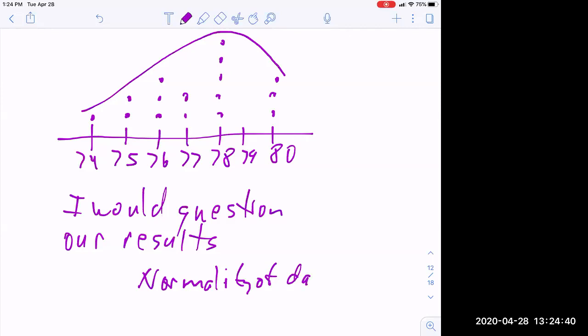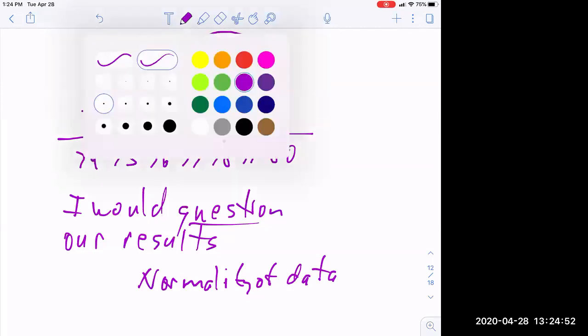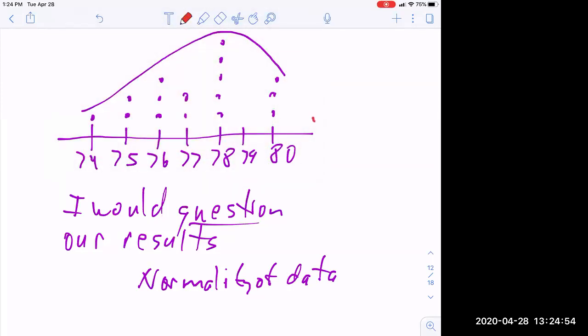Because it's a stringent requirement and it's a little bit skewed left. So that's why I'm saying I would question our results. It's not quite perfectly normal. It's too bad we don't have some out here. Then I'd have a nice normal curve and I'd feel really good. But we're skewed a little bit to the left.